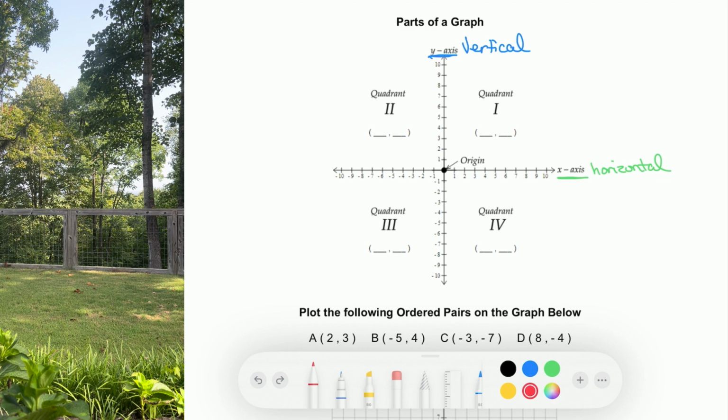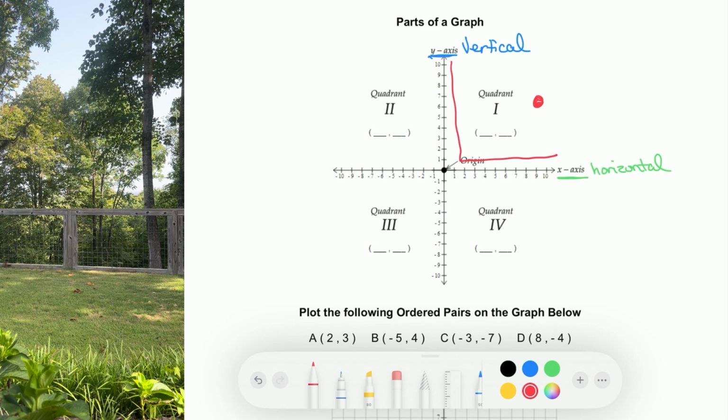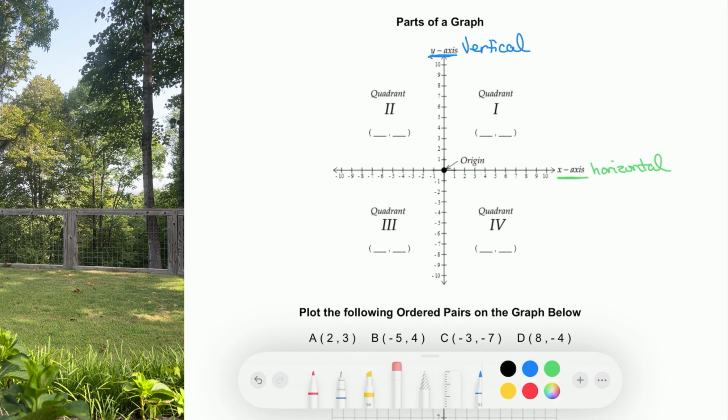So if I have a coordinate in this location, in this side of the graph basically, it could be anywhere in here, any coordinate in here, my coordinates are going to have certain positive, negative signs. They're actually going to be positive x and a positive y.